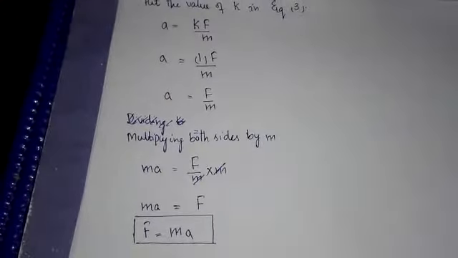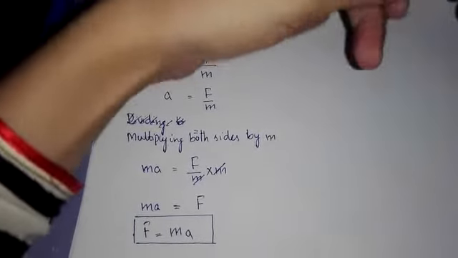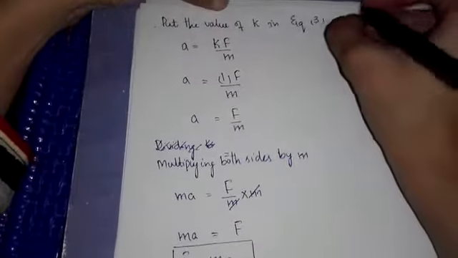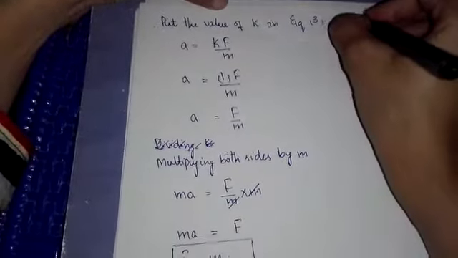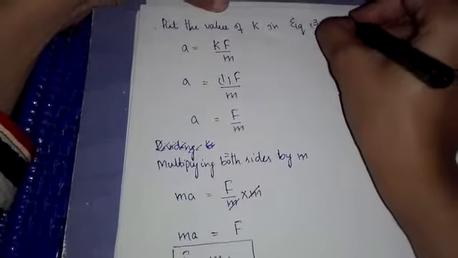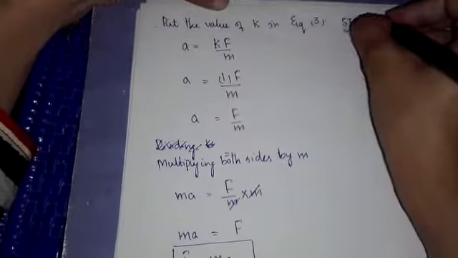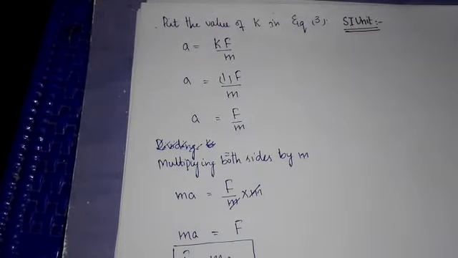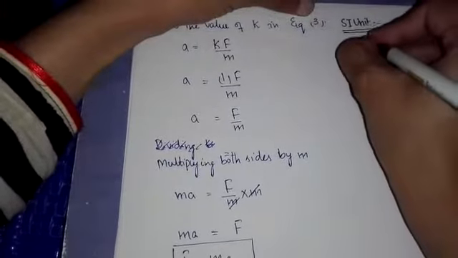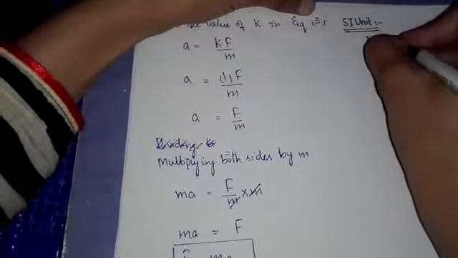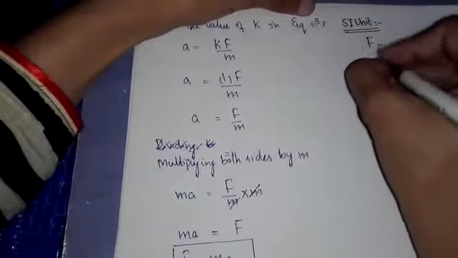Now we will also find out the SI unit of the force. In order to find out the SI unit of the force, we have the expression f is equal to m a, right?